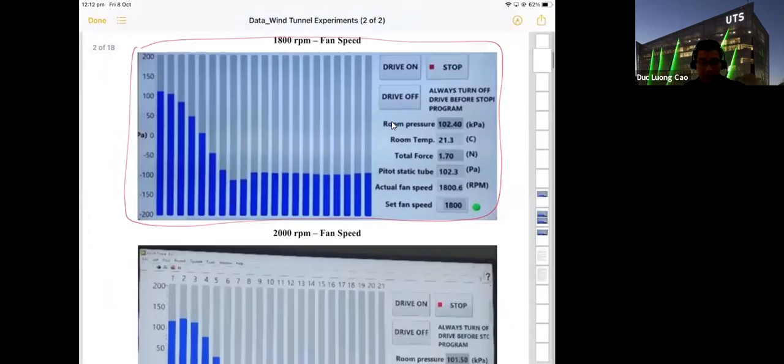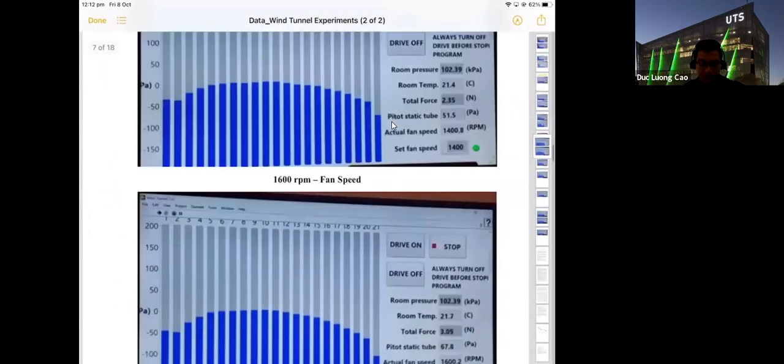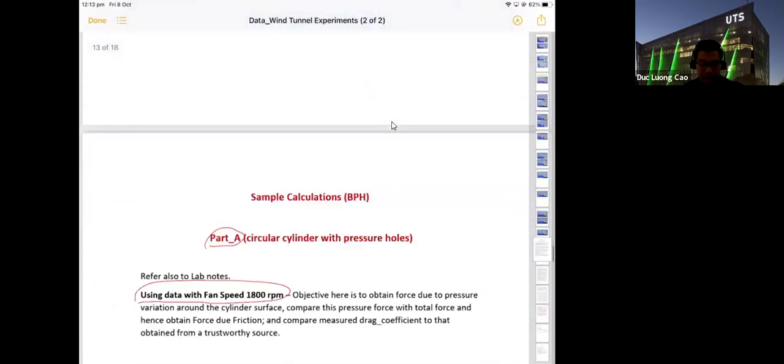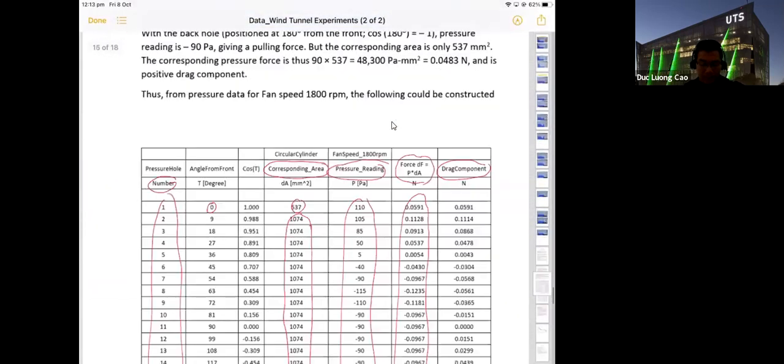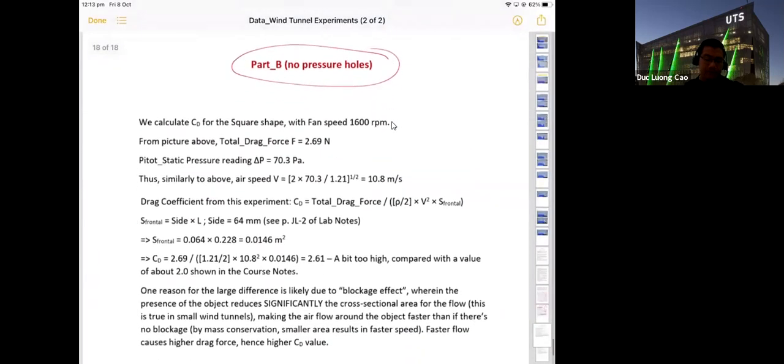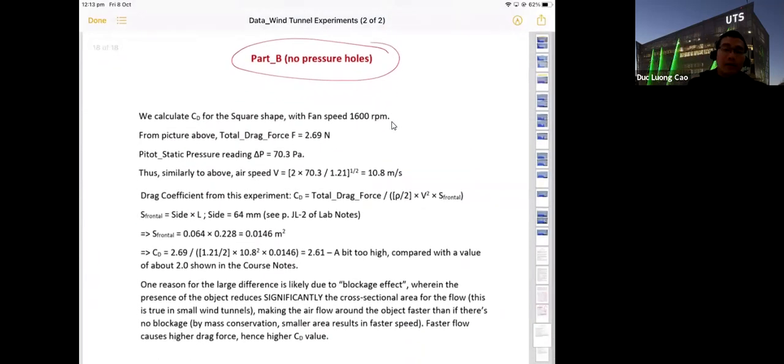And we have the sample calculation for part B for you here. This one, part B. The equation is similar. We have drag coefficient CD equal to total drag force divided by density divided by 2 times velocity squared times S frontal area.